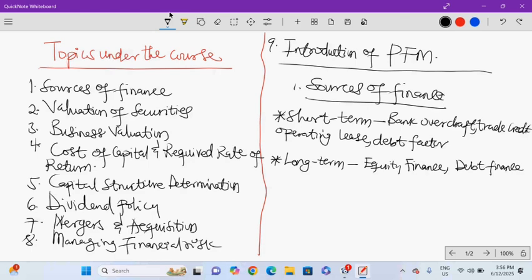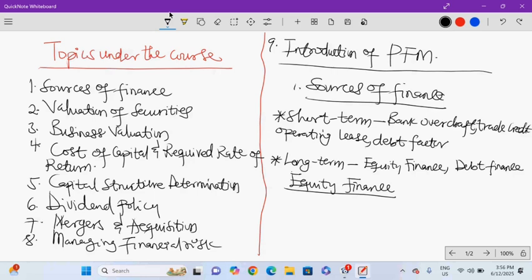Equity finance. So what are some of the methods? Let's take the equity finance. That's where we all know that equity is about when we issue shares, right?